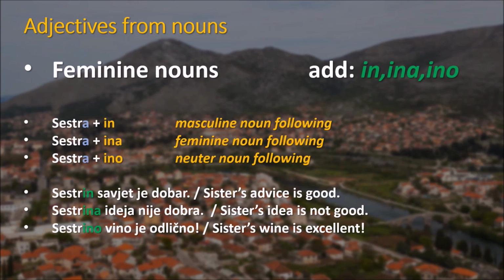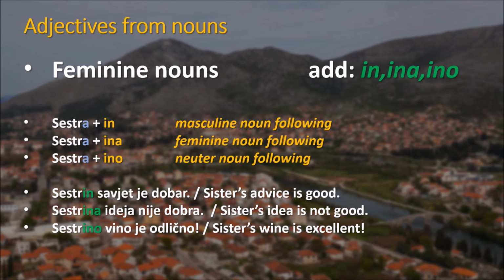Now, let's take a look at the feminine nouns. What happens with feminine nouns is that they're not the same as masculine and neuter nouns when creating possessive adjectives from them. For feminine nouns, we will add an ending in, ina, or ino. Another feature about feminine nouns is that we already know something happens with two vowels next to each other, right?